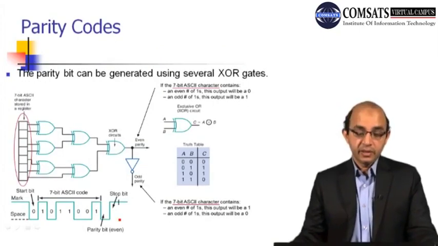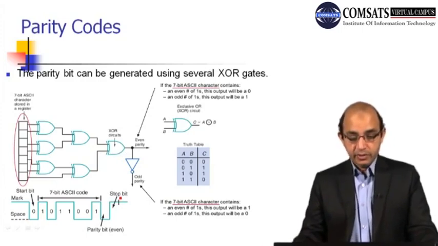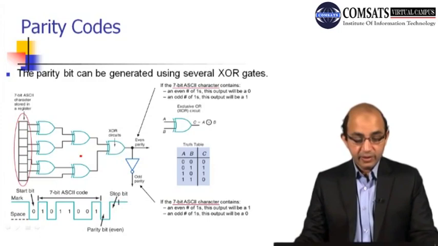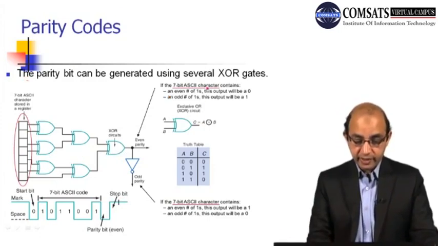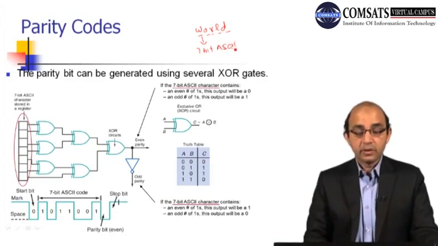So here we have the parity generator circuit. For example, 7-bit ASCII code. We have taken the example previously of what we have to send. Each alphabet is represented by a 7-bit ASCII code.